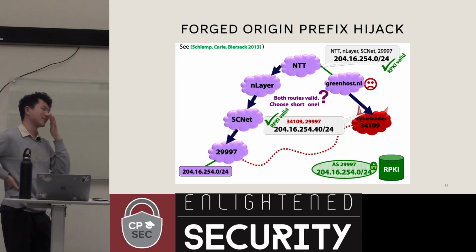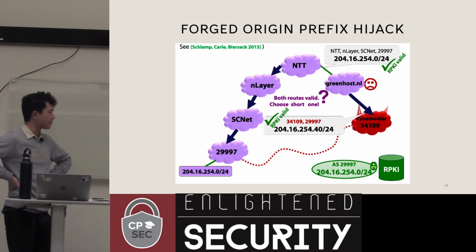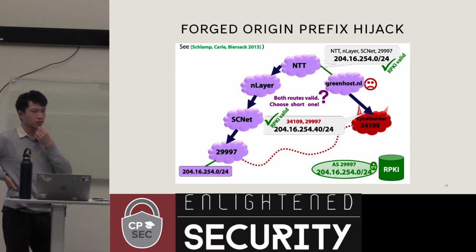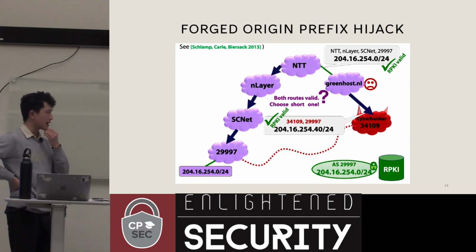I guess I will go into that. So they can still black hole that traffic that's intended for the genuine destination. However, it's restricted because now they can't just say, hey, I have a more specific address, everyone should come to me.